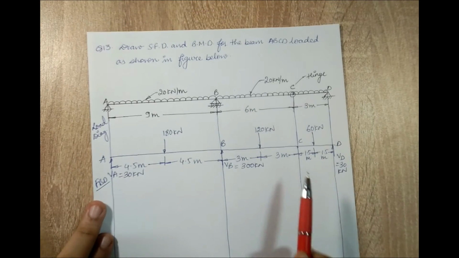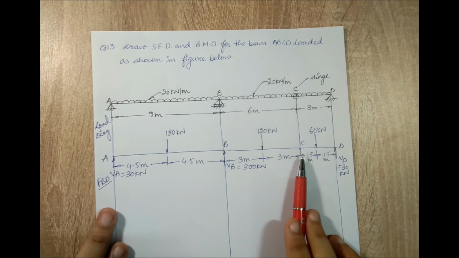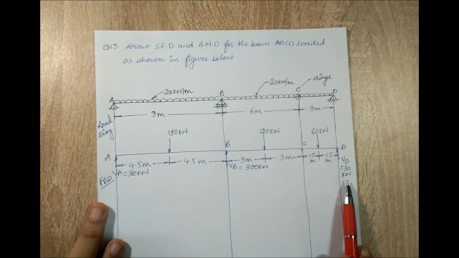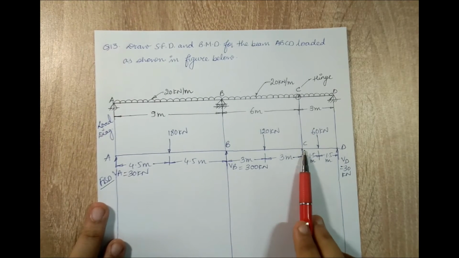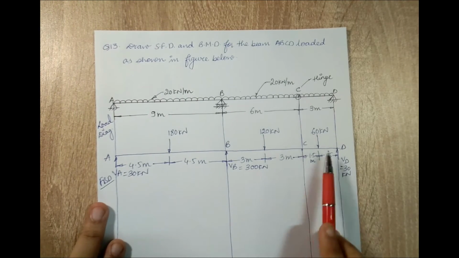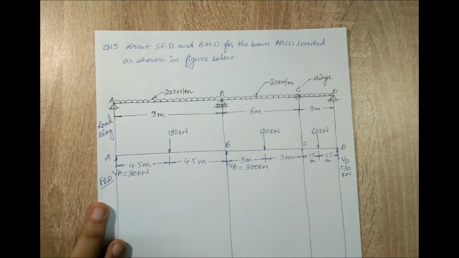Now at this point C, you have to understand, I have got the value of VC, I have used it for calculating VA, VB and VD, but when I talk about the entire beam, the two reactions which I have obtained for VC for the two parts of the beam obviously will cancel out. So we are not going to show any reaction over here. Now I will tell you the rules.